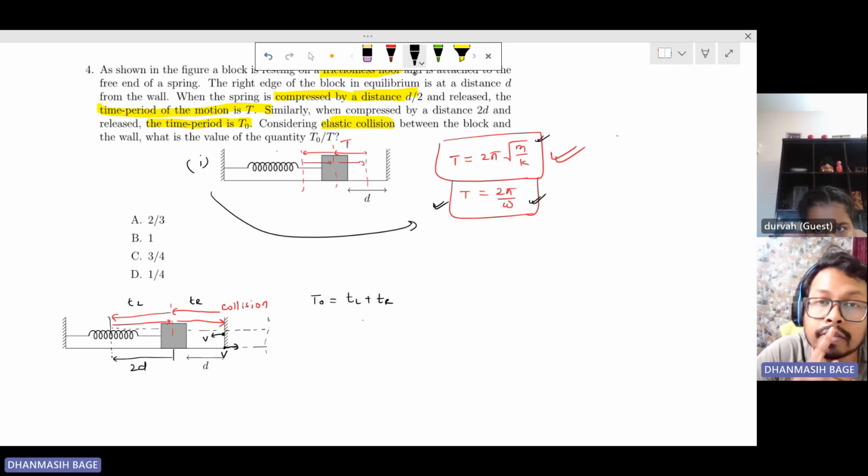The time taken, when it is compressed by 2D distance and released, the time period is T naught, considering the elastic collision between the block and the wall. What is the value of this thing?